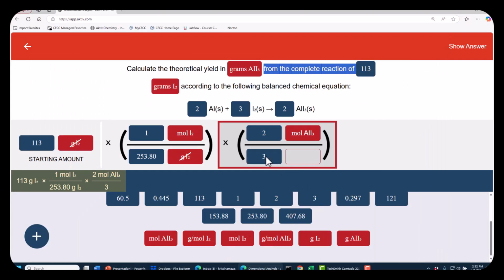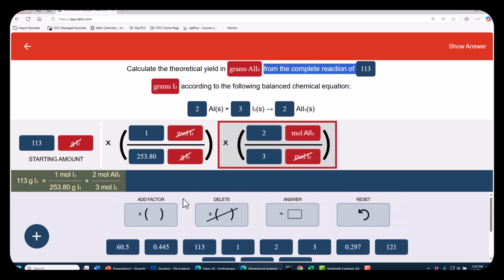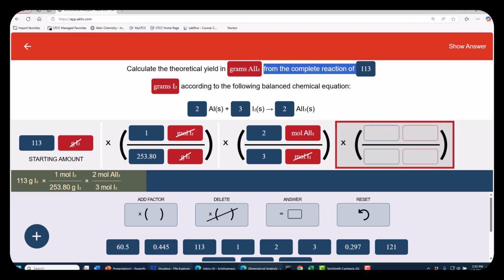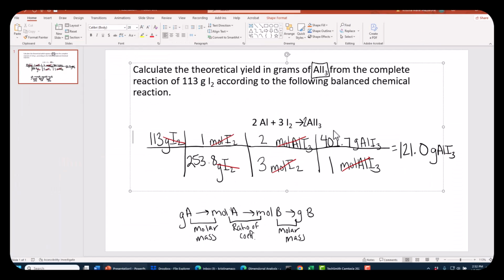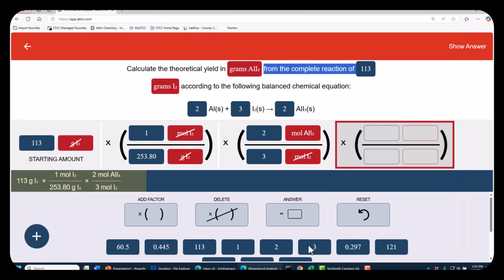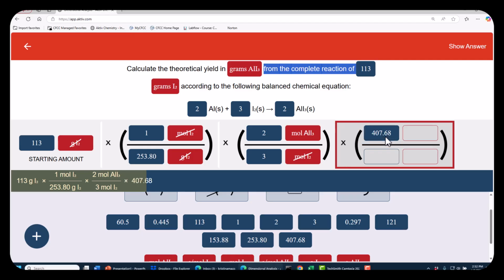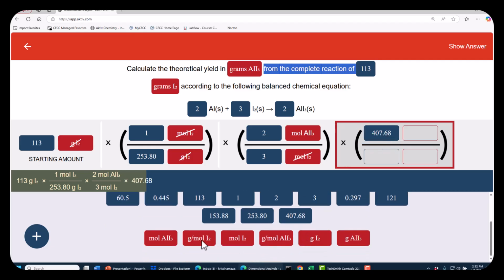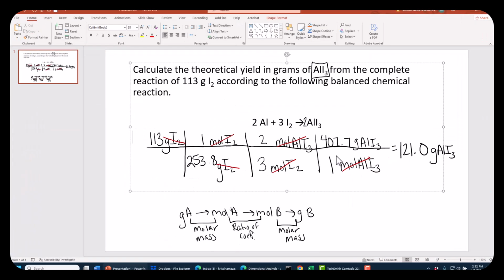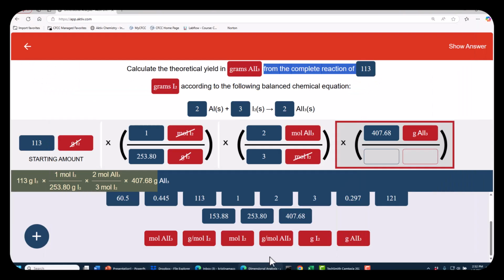Then I'm going to add that last train track. We're going to put this one in, 407.7 grams of aluminum triiodide, and that was over 1 mole of that same compound. So 1, and then mole of that.